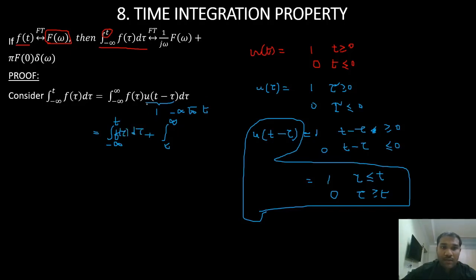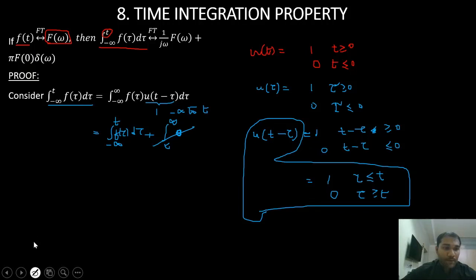In the second range, the value of u of t minus tau is 0, so this becomes 0. So this is my original integral I was looking for. So the integral from minus infinity to t of f of tau d tau can be written as the integral from minus infinity to infinity of f of tau u of t minus tau d tau.